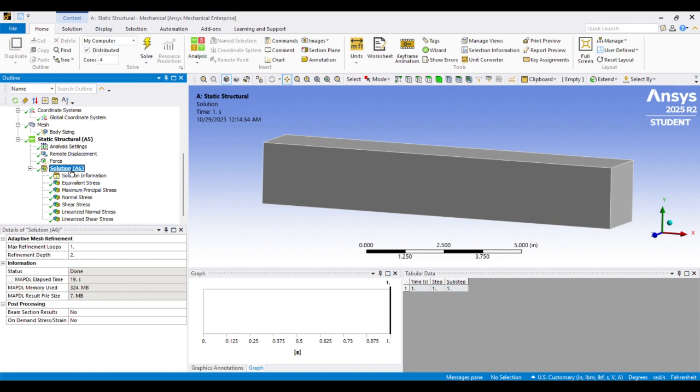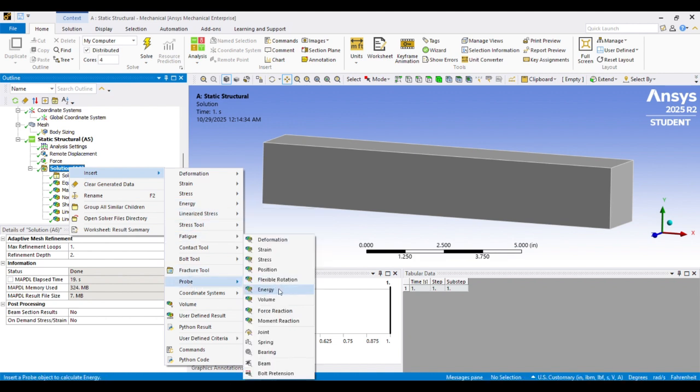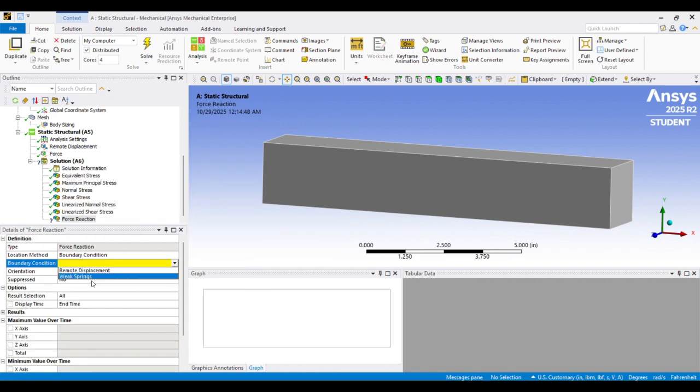So the first thing you should do really in your FEA is make sure that your reaction forces make sense. What you can do is go in here, click Insert, and go down to Probe and click Force Reaction. And then you can look at the reaction on your boundary condition. In our case, it was called remote displacement.